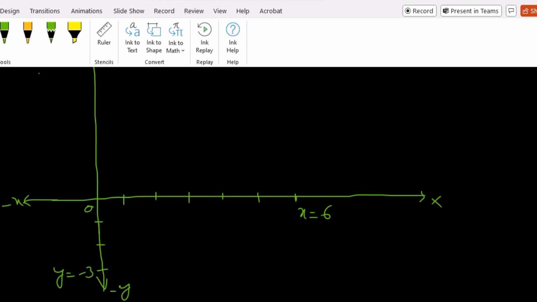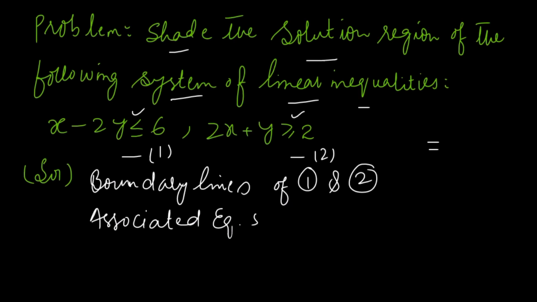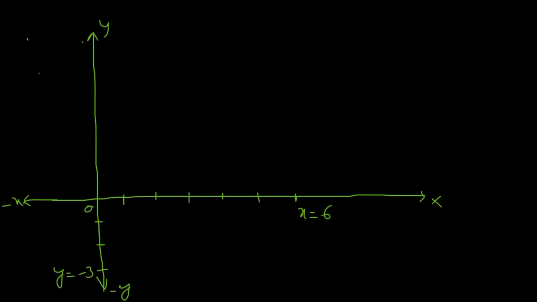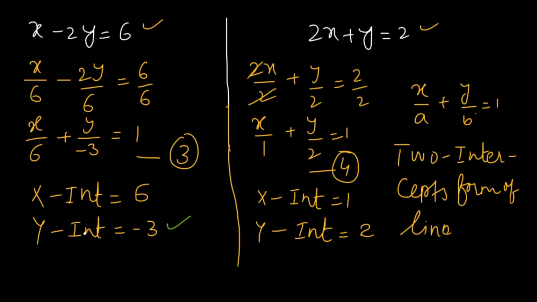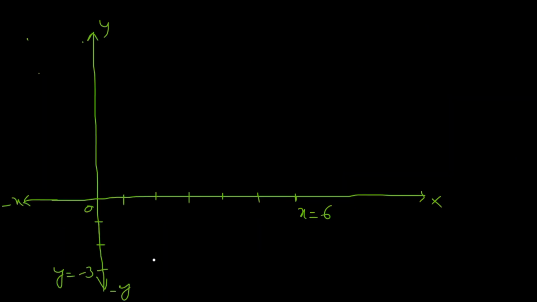Remember, as in both our inequalities, inequality number 1 and inequality number 2, there is a greater than or equal sign available. So when we draw the graph of the boundary lines 3 and 4, it will be a solid line. By joining these two intercepts we get the straight line.